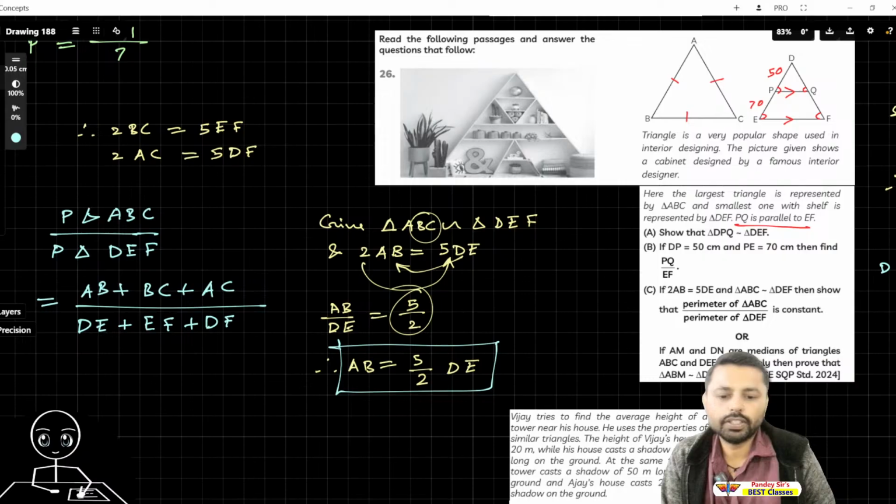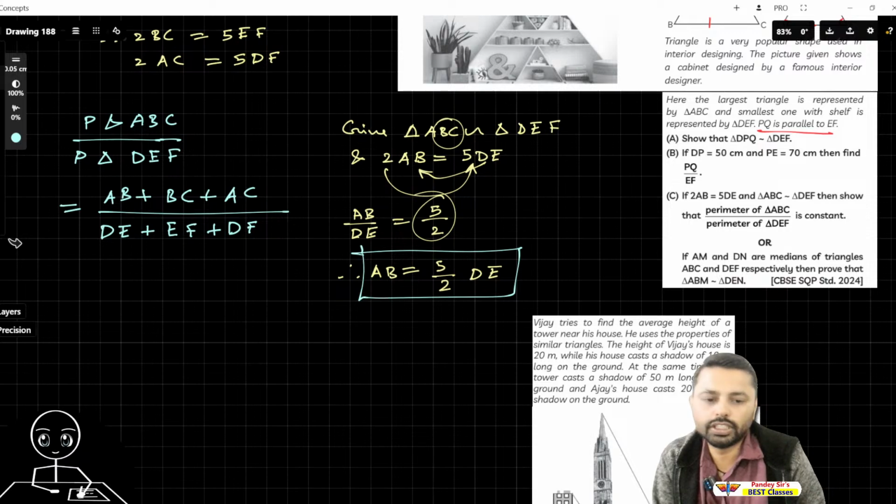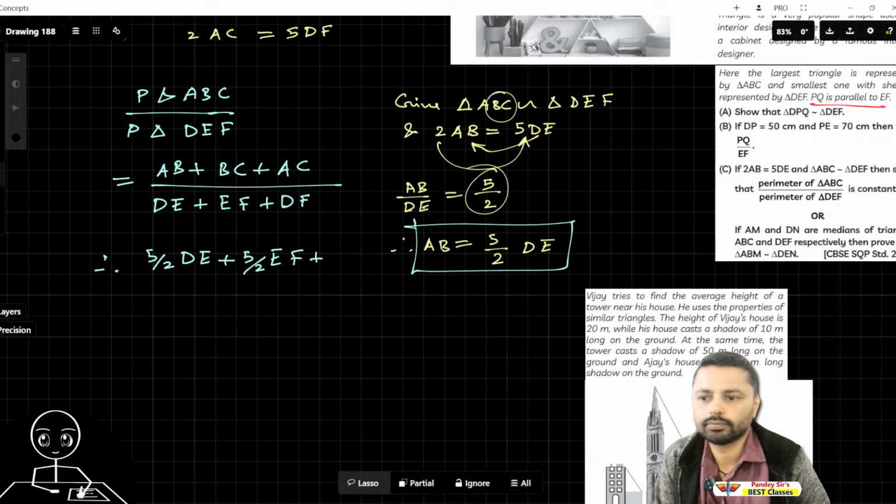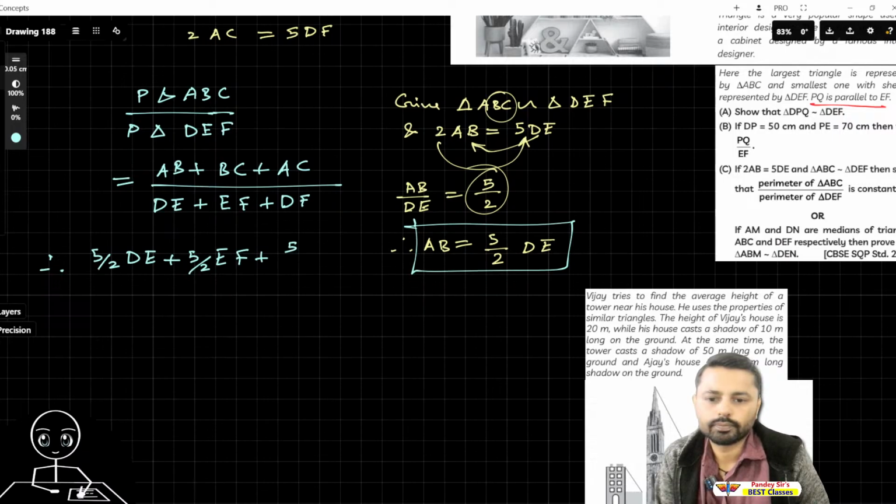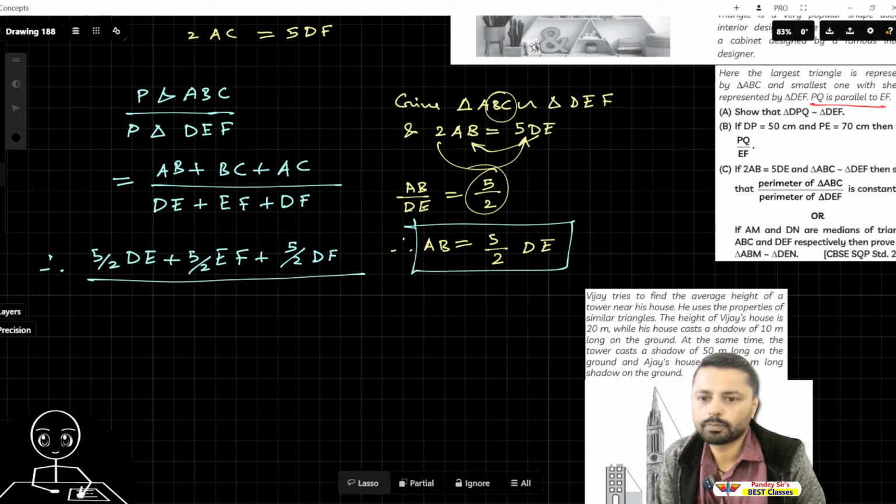We can replace all other sides with this value. For example, AB can be replaced as 5 by 2 DE. Therefore, 5 by 2 DE plus 5 by 2 EF, the corresponding side, plus 5 by 2 DF.